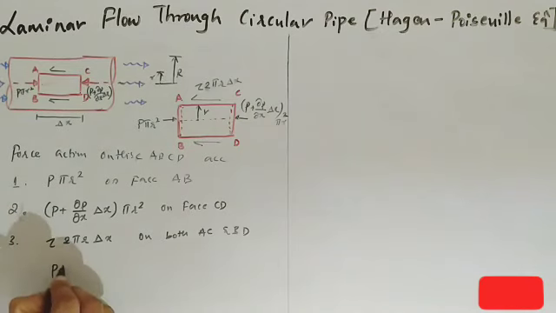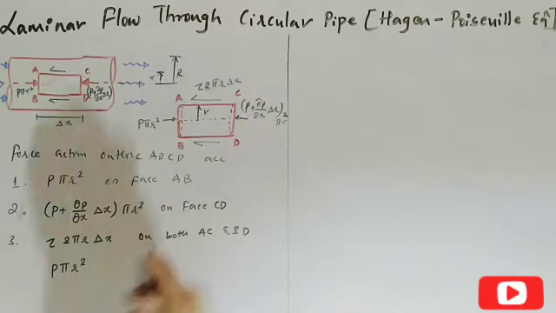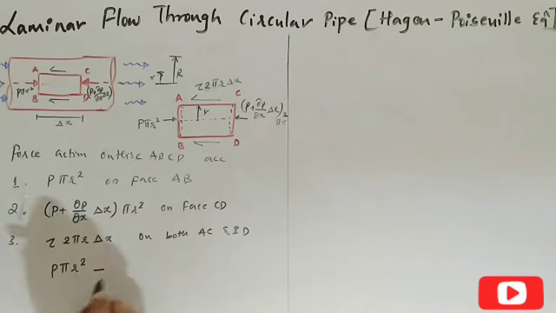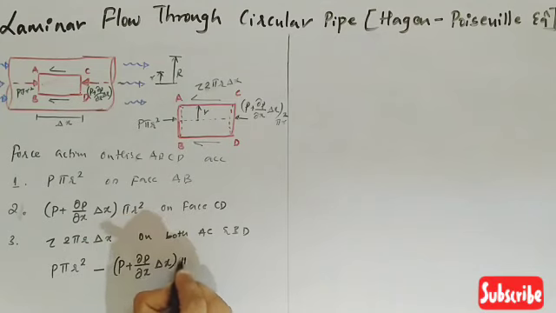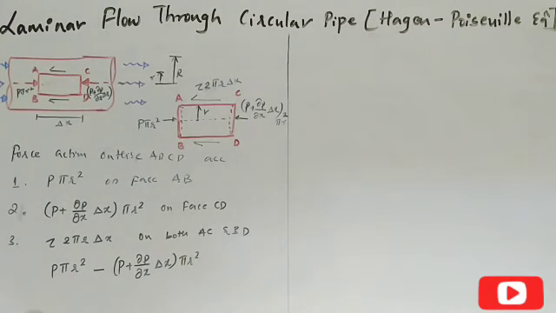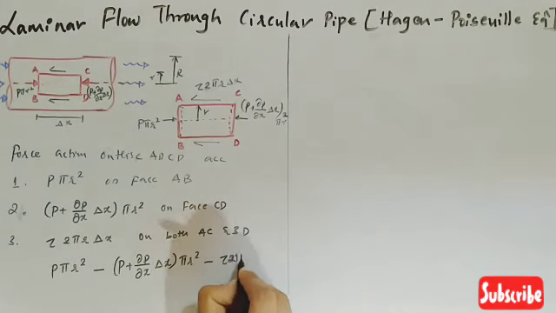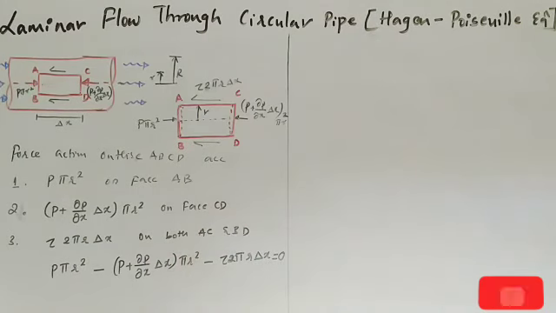That is, P pi r square is acting in the flow direction, whereas the force acting on CD is in the opposite direction, so I will consider minus, that is P plus dou P by dou x delta x, times pi r square. The shear force is also acting in the opposite direction, so minus tau 2 pi r delta x, equals 0.